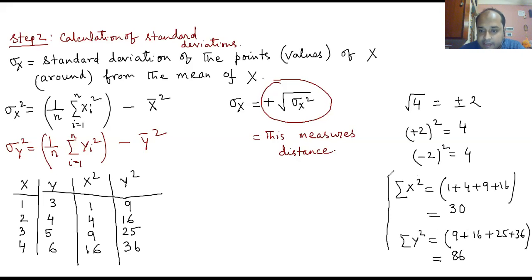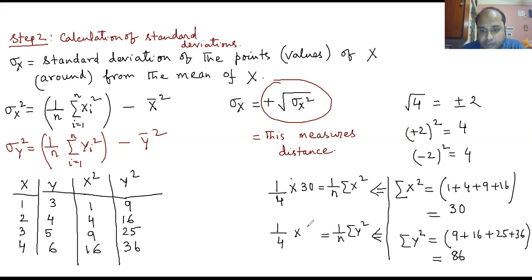Now when we divide these quantities by the number of items, that is by 4, we get 1 by n summation. 1 by n summation x square is the division of 30 by 4, which gives 7.5. And 1 by n summation y square is 86 by 4, which is 21.5.